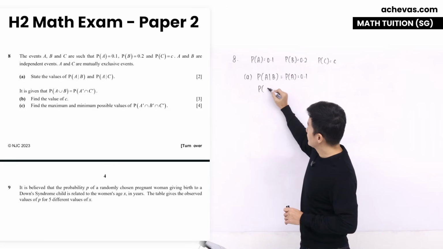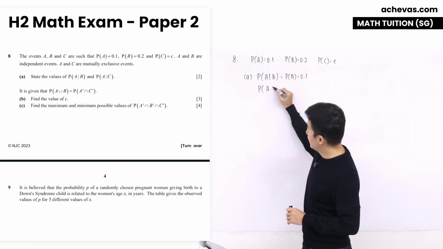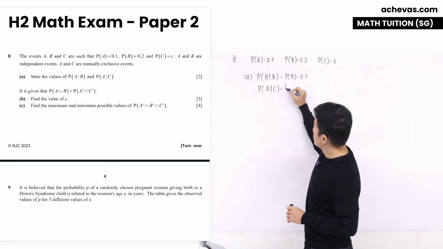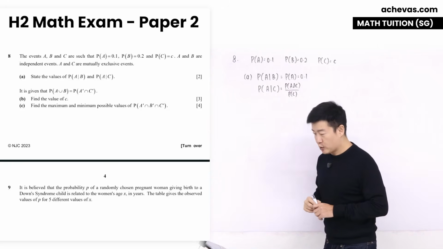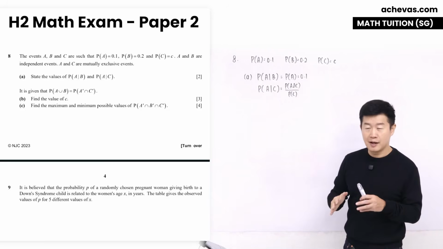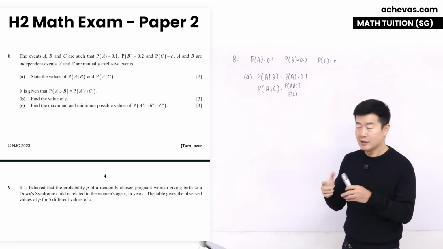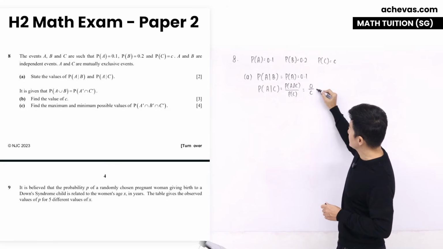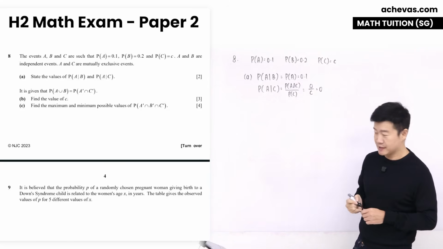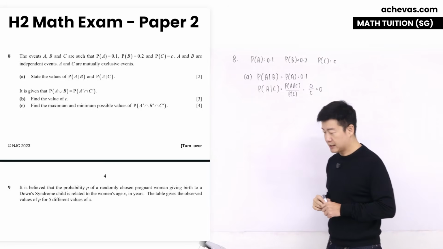We want to also state the probability of A given C, and this is the probability of A and C divided by the probability of C. And the question says that A and C are mutually exclusive. So the probability of A intersect C is going to be equal to 0. The probability of C is going to be C. This is still going to be equal to 0. This is for part A.